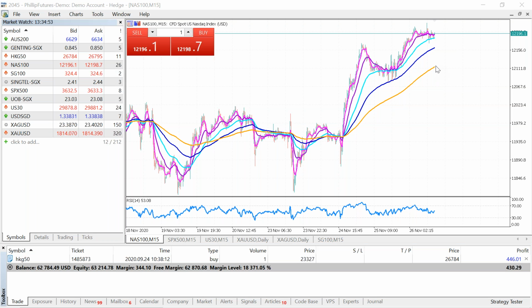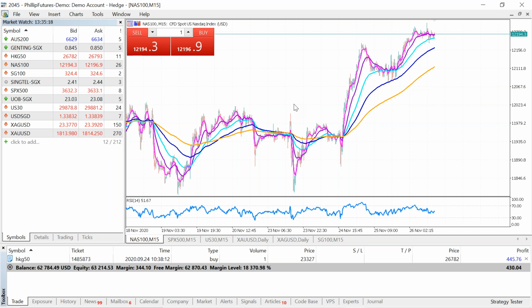But let's say we check, and when it's near the level that we want to enter, we see the RSI is still pretty high, maybe 50 or above, then probably we want to wait and cancel the order first, and then we see how it goes. Okay, see how it goes.